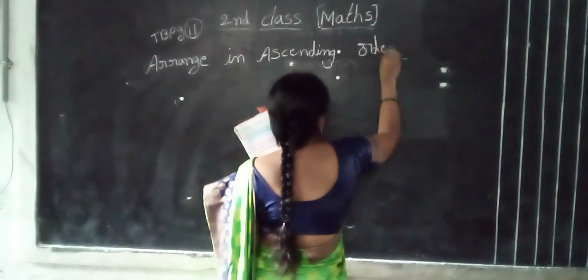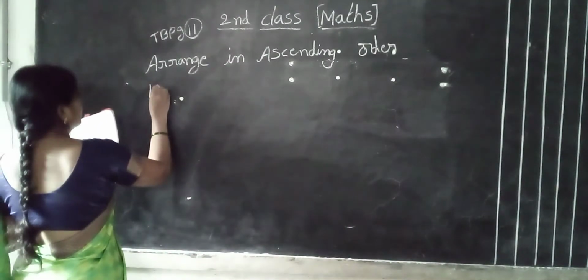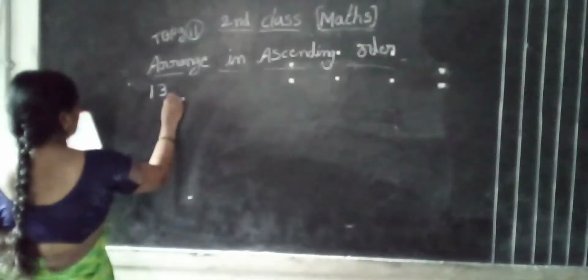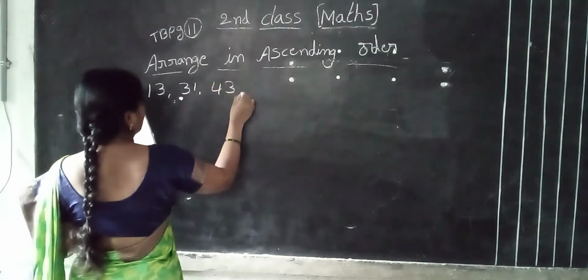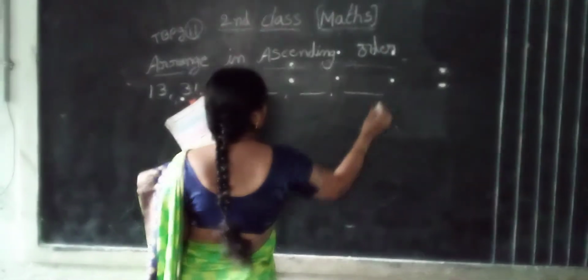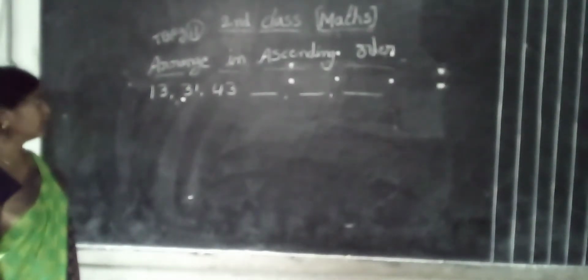Ascending order. First one is 13, 31, 43. Arrange, children, these numbers in ascending order.